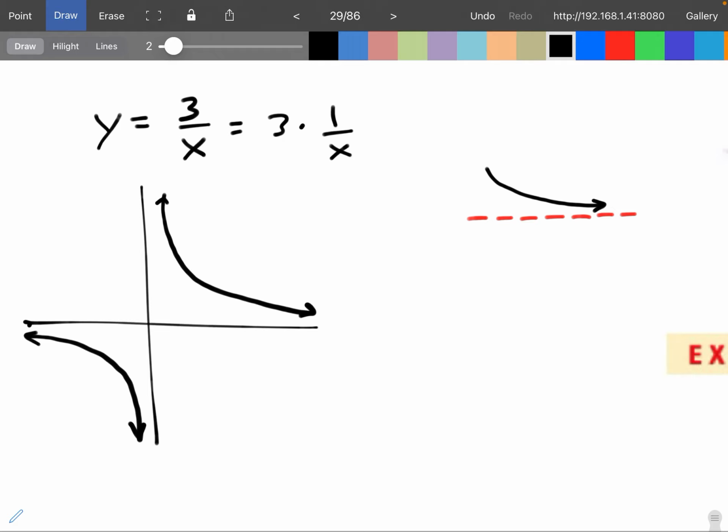That's called a horizontal asymptote. I will write that out one time, and after that I'll abbreviate it. In this graph on the left, we have the line y equals 0. That would be our horizontal asymptote right here.